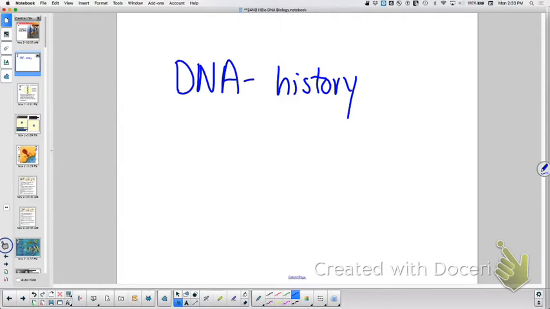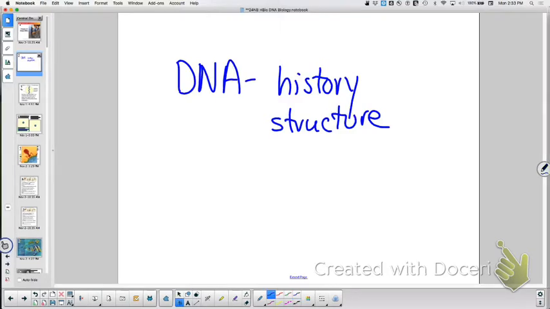We also then talked about the structure of DNA, right? Because a lot of that research was done in order to come up with the structure of DNA. Who got the Nobel Prize for it? Watson and Crick. Okay. And what shape is DNA? Helix. Not just a helix, a double helix. Good.